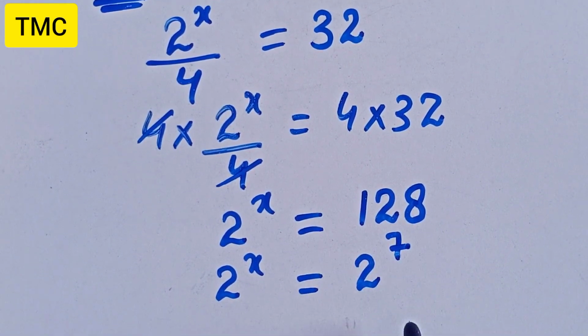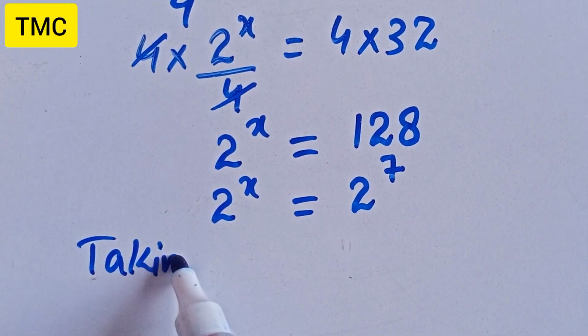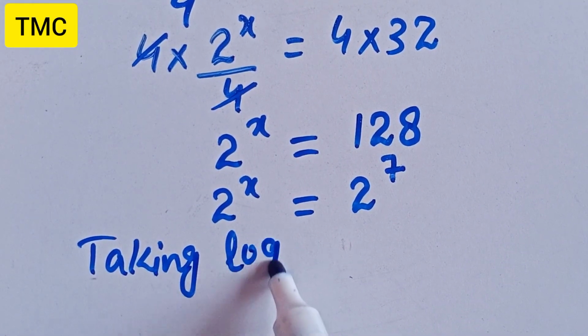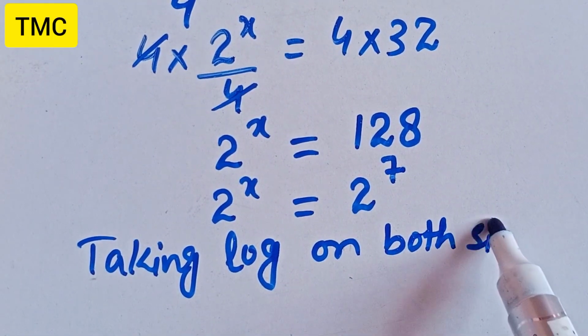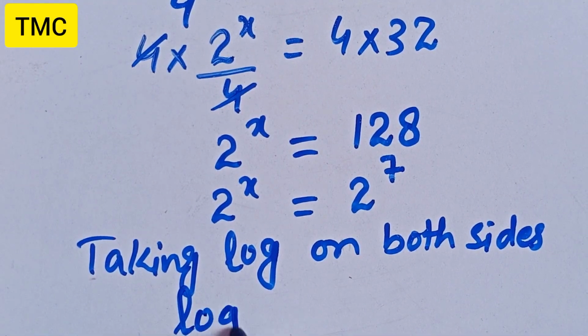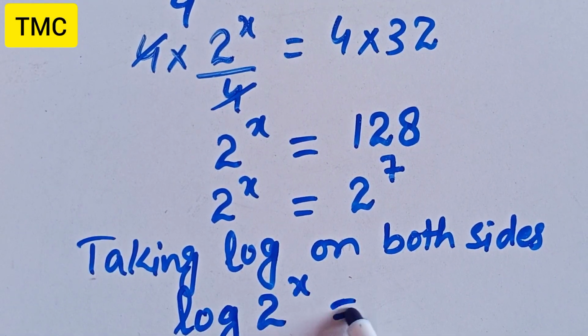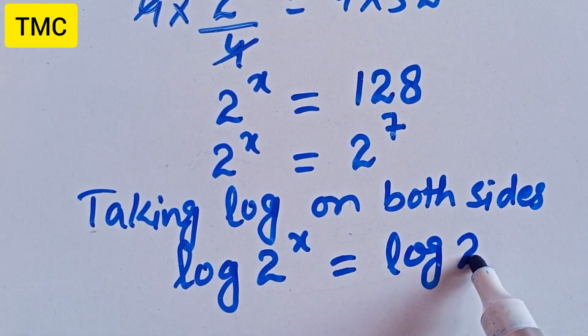Now let's take log on both sides and simplify this problem. So taking log on both sides, that is log 2 power x equals log 2 power 7.